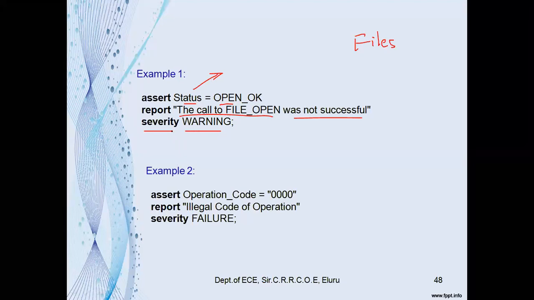Even this severity is a predefined type in VHDL. Do you remember the severity type? Severity is a predefined type in VHDL with 4 values: note, warning, error, and failure. So we are using the same values here. One of these is warning.